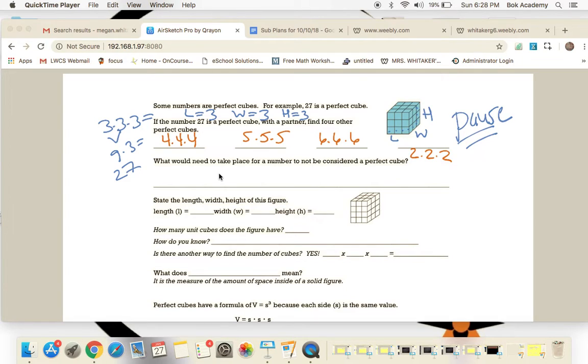What would need to take place for a number to be not considered a perfect cube? Well, that means that not all sides are the same. So you would write down all sides, or maybe all 3 dimensions are not equal.